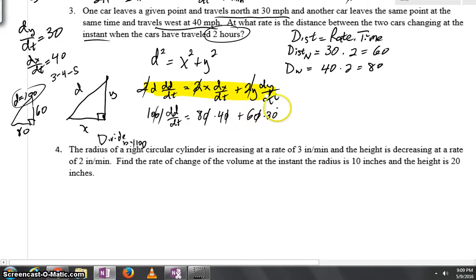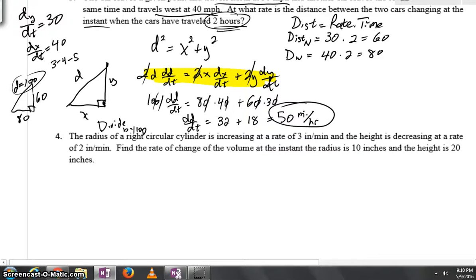Look at that. You'd have dd/dt is 8 times 4, which is 32. 6 times 3 is 18. And 32 plus 18 is 50. What's the rate that the distance between the two cars is changing? Well, 50 miles per hour at that particular time of 2 hours.